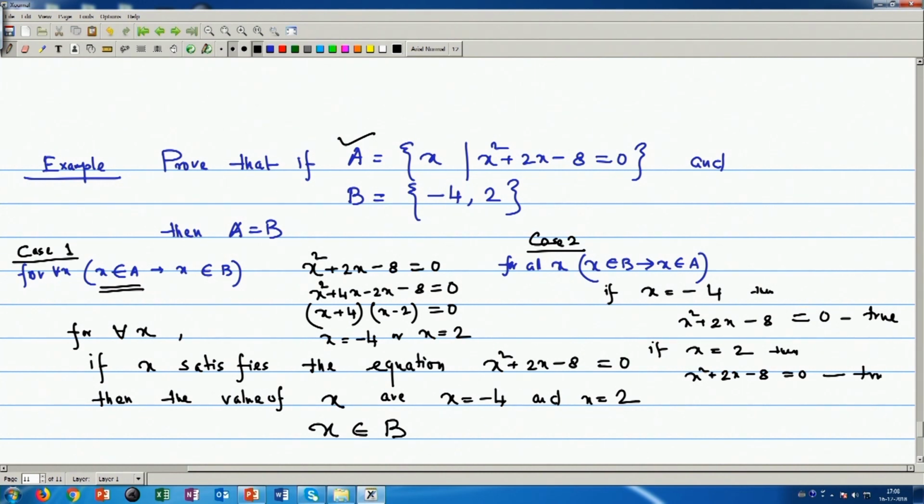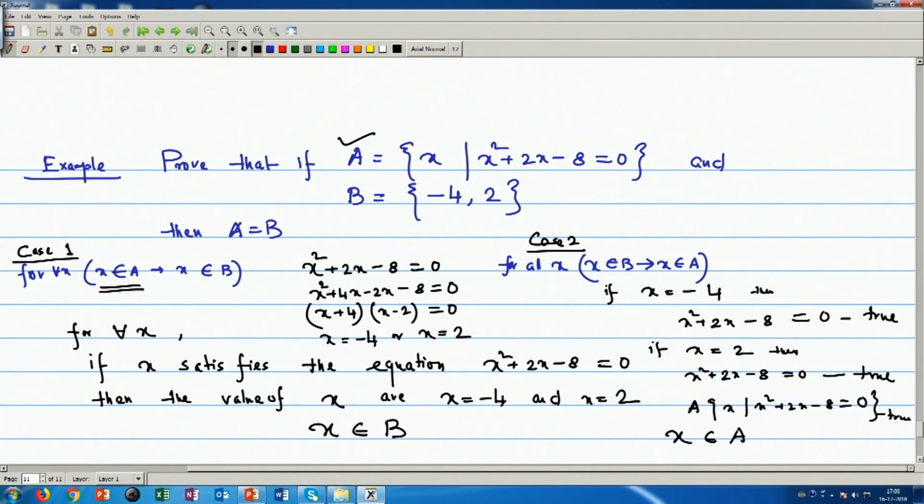True. That means for x equals minus 4 and 2, x square plus 2x minus 8 equals 0 is true. That means x belongs to A.